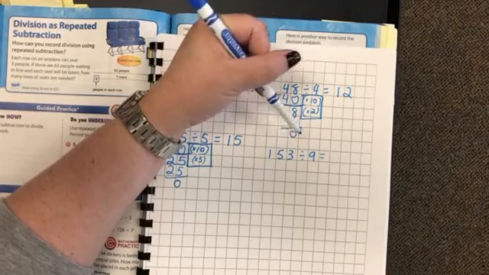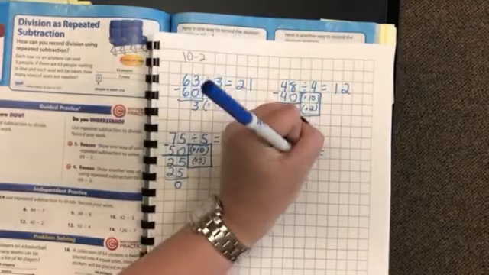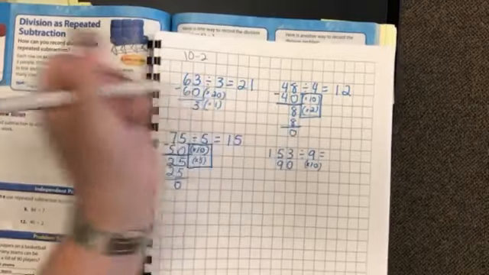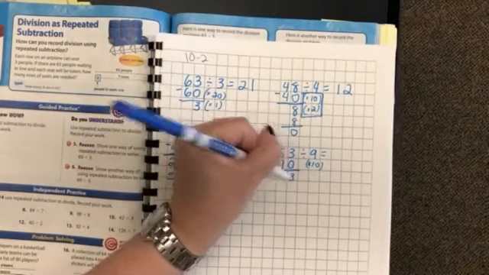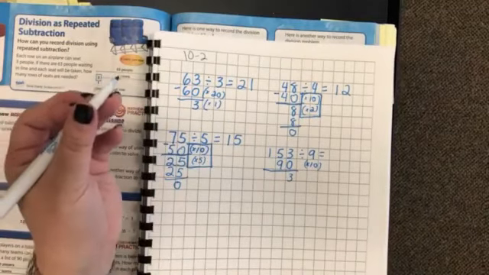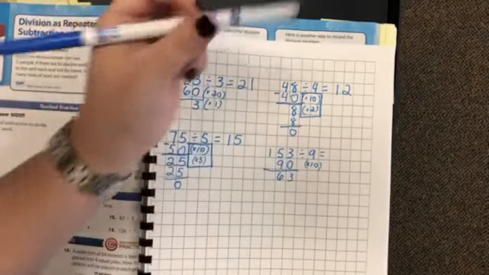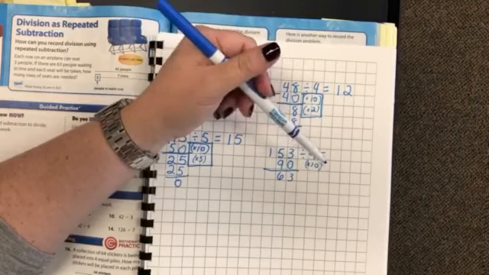That's when we just, without even trying or thinking, just multiply by 10 and see where it takes us. So 9 times 10 is 90. Okay. 3 minus 0 is 3. 15 minus 9 is? 6.